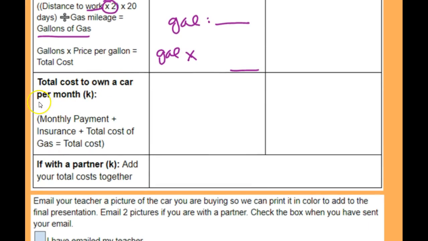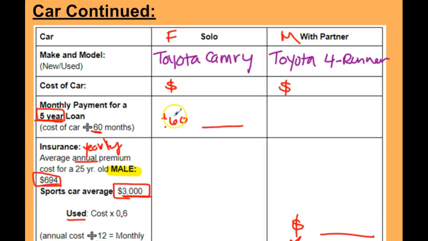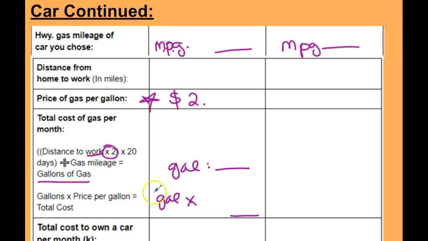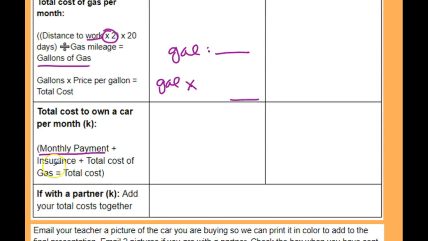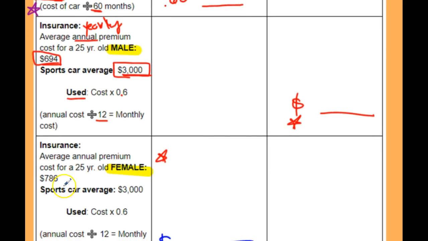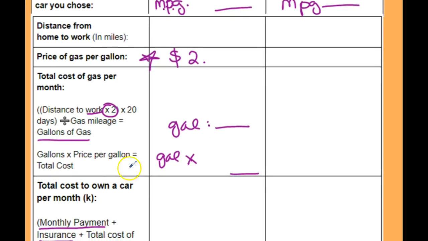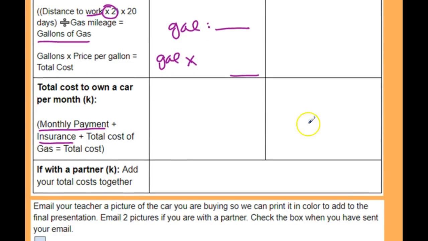And then the total cost to own a car per month. So your monthly payment, which was right here. We also have to include your insurance, which we also calculated over here. How much did your insurance cost? That number we got at the end once you divided it by 12. This is for each of you. You can do them each separately here.